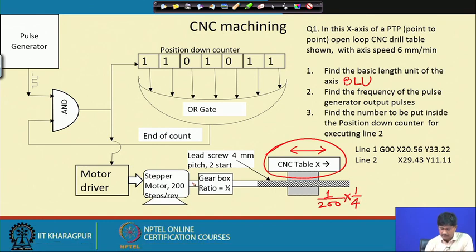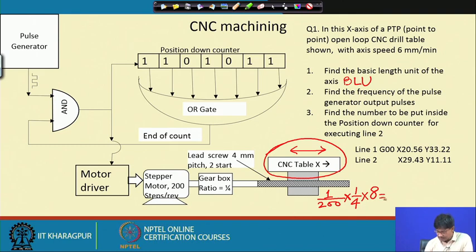Okay. 1 rotation here is converted to 1/4 of a rotation there, and therefore this is also proportionally reduced. The lead screw, however, will be undergoing 8 millimeters per rotation of the lead screw. So, for these many rotations of the lead screw, it will be moving the table by 8 millimeters into this.